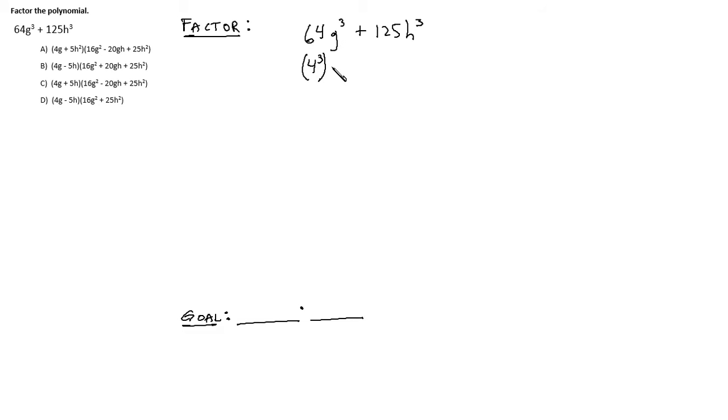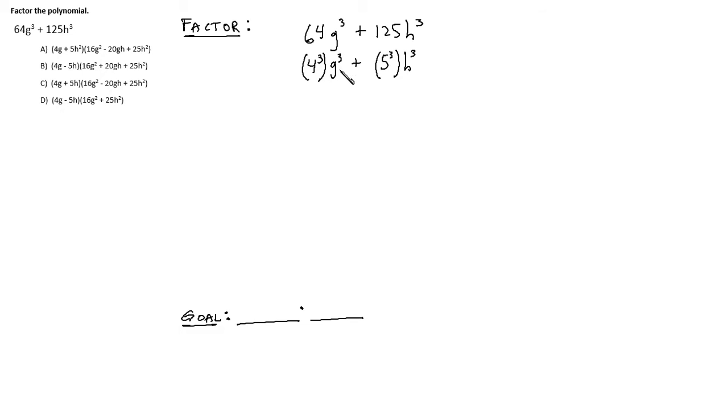And you're seeing that this variable g to the third is also a perfect cube. Plus 125, if you were to take the cube root of 125 using your calculator, you'll find that it is 5 to the third power. And then h to the third is also a perfect cube.